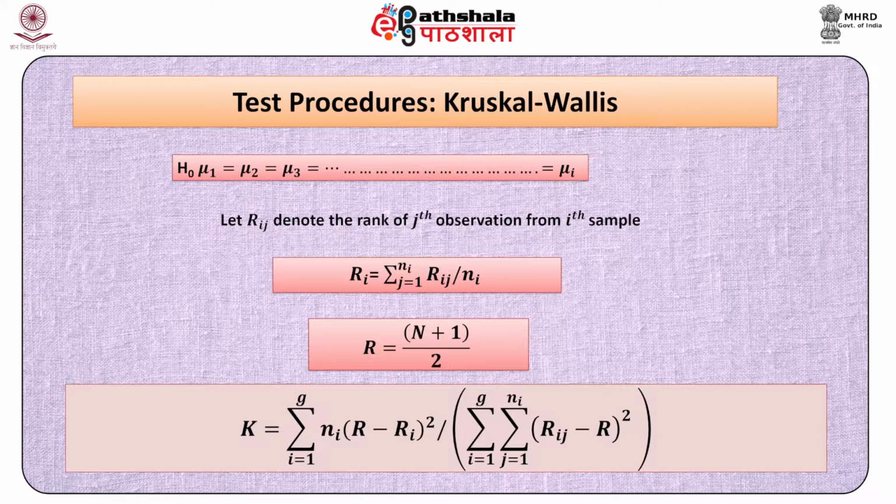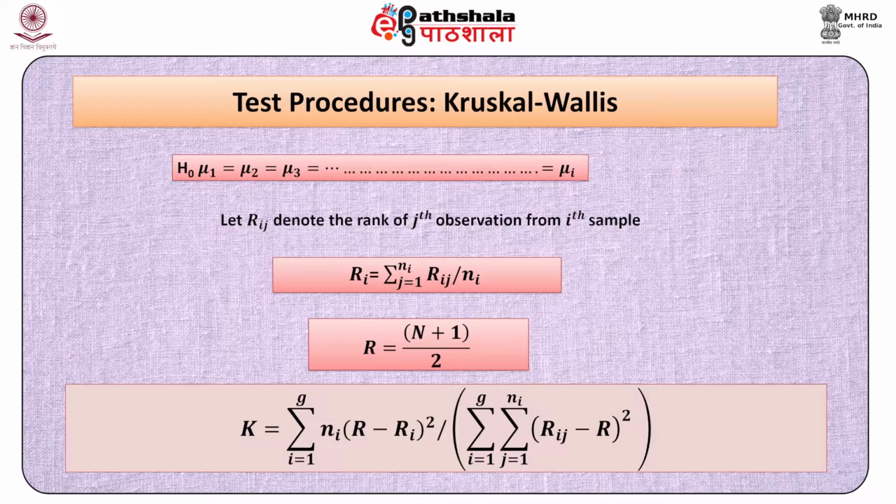The idea behind the test is that when H naught is true, the assignments of ranks 1, 2 to N to the samples are equally likely and we expect ranks to be intermingled. But when H naught is not true, then some of the samples would be giving mostly smaller ranks and other samples will give mostly higher ranks.